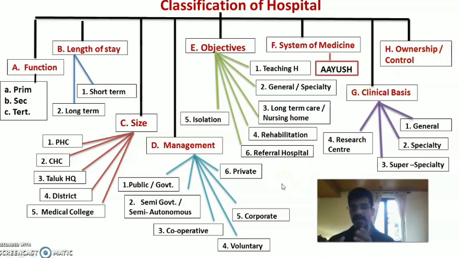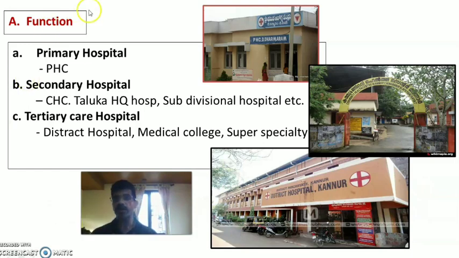So these are the classifications of hospital according to the function, the length of stay, the size, the management, the objectives of the hospital, the system of medicine they provide, the clinical services they render, and the ownership and control. In this video you can see, according to function, primary hospital, that is PHC.